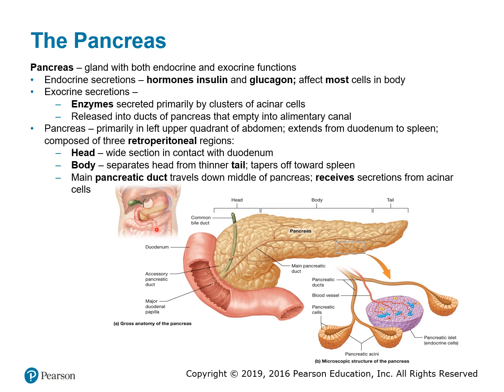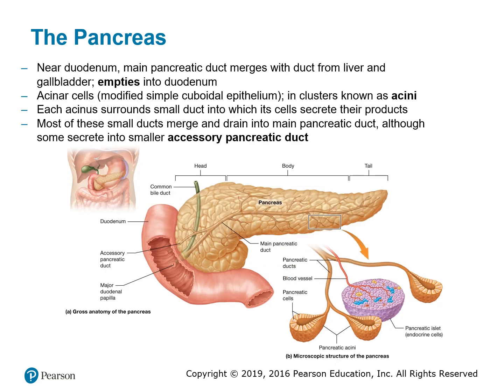Now, the pancreatic duct, which is this one here, the main one, looks like a vessel, but it's a duct. It goes along the length of the pancreas, and it is going to receive secretions from the acinar cells, which are located here, and are found throughout the whole pancreas.